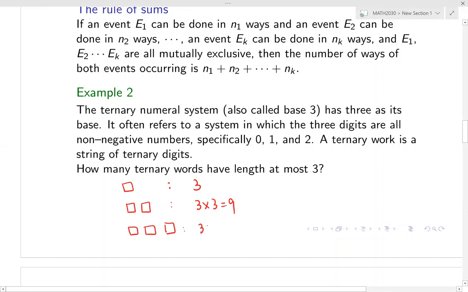It's 3 times 3 times 3, which is 27, which means in total, the number of ternary words that have length at most 3 is going to be 3 plus 9 plus 27. And that gives us 39. So that's the rule of sums in play here.